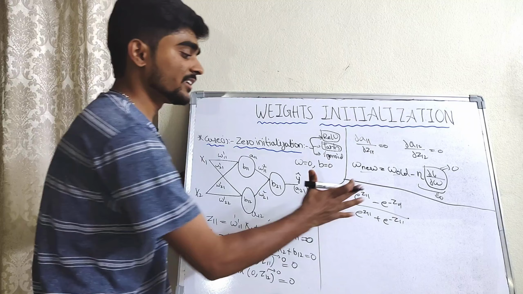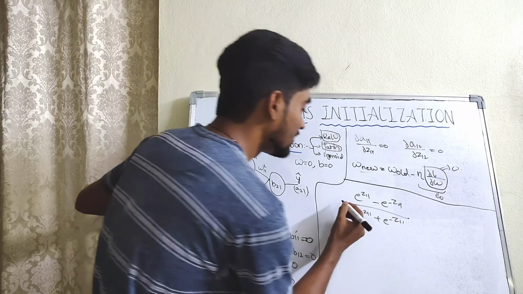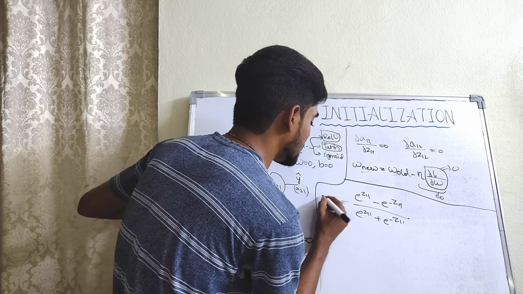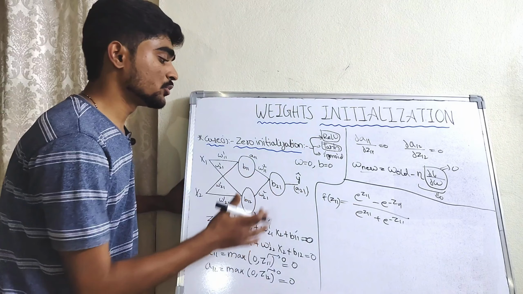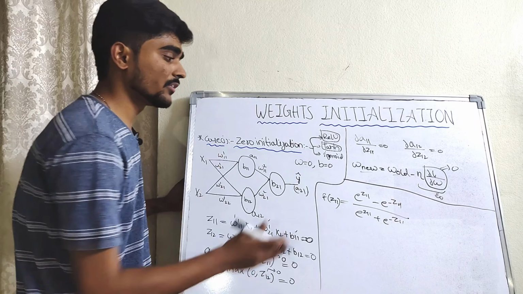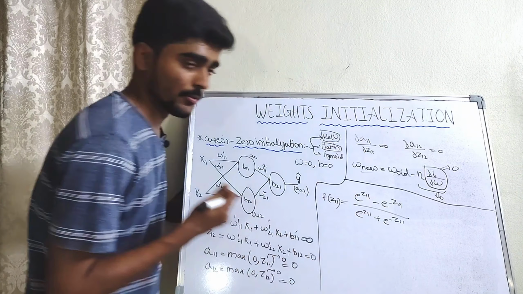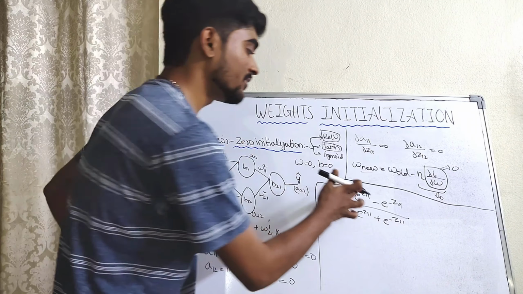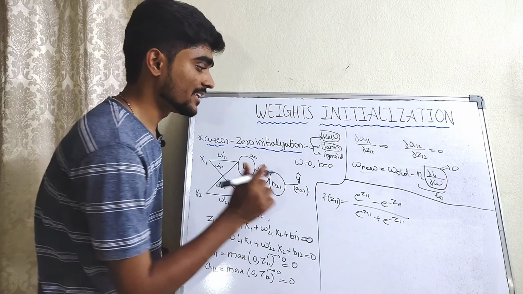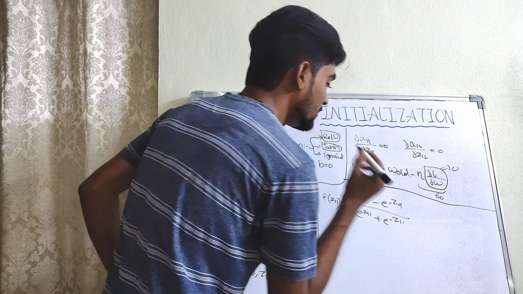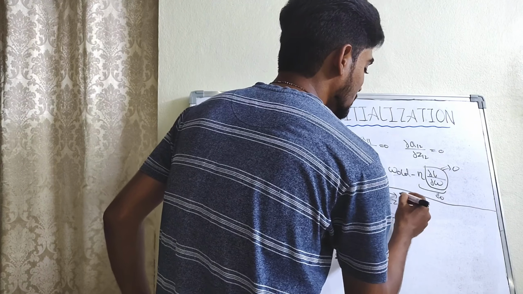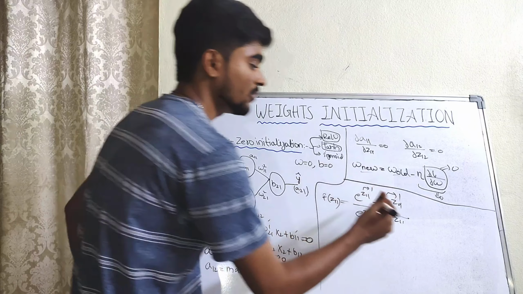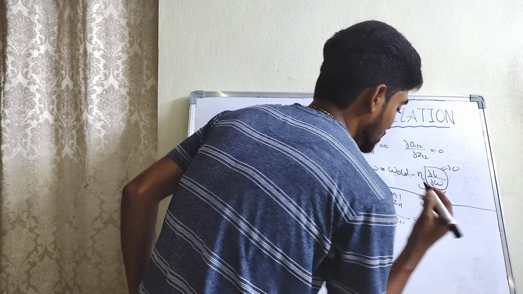This is the tanh activation function formula with respect to, let's say, z1. I have chosen the z11 node, so I have written the formula with respect to z11. As we know the value of z11 is 0, what is e power 0? It is 1. What is e power minus 0? It is 1. 1 minus 1 is 0.